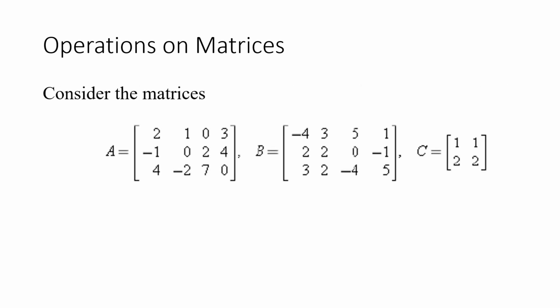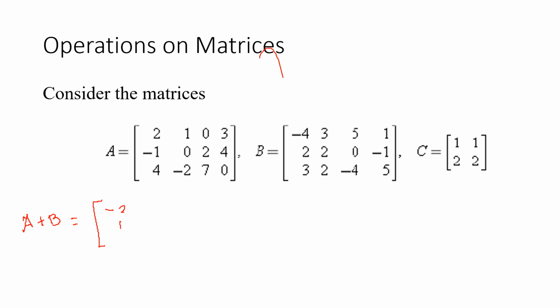So let's have an example. Consider the matrices A, B, and C. If we are going to have matrix A plus B, then we are just going to add the entries. So in this case, you have 2 plus negative 4 is negative 2. Negative 1 plus 2 is 1.